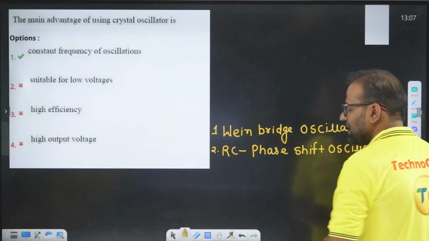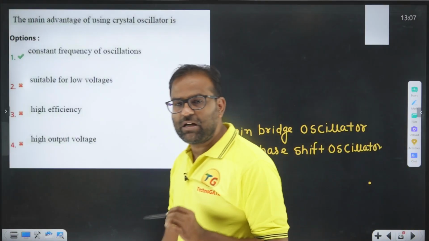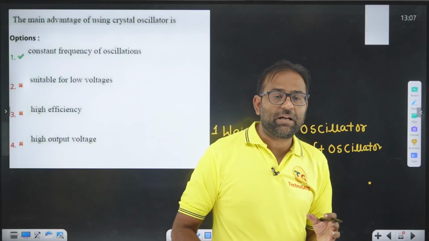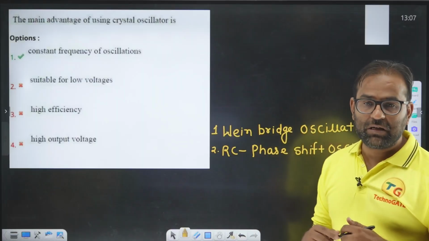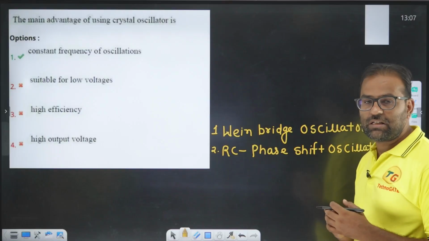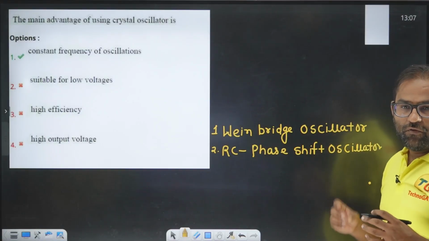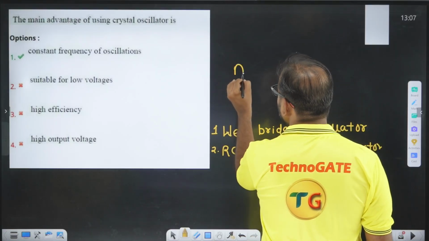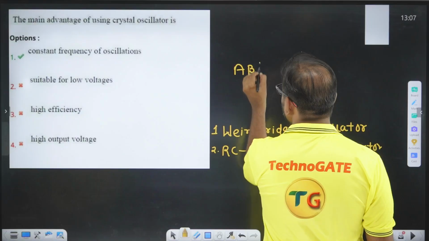In this oscillator, the oscillation is dependent on what? Device parameter. Let's say the oscillatory function is a function of gain, which means if you want to have oscillation, you have to maintain two criteria.